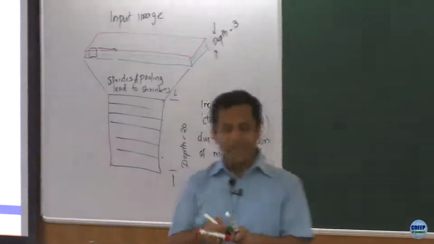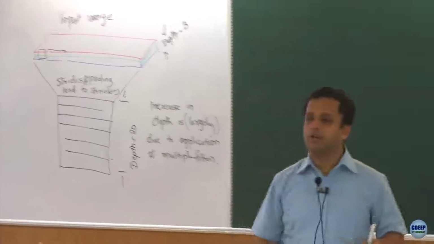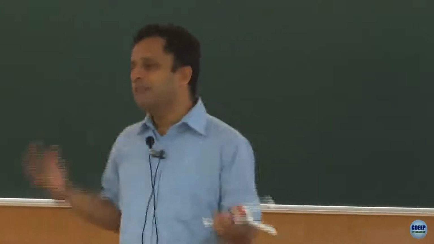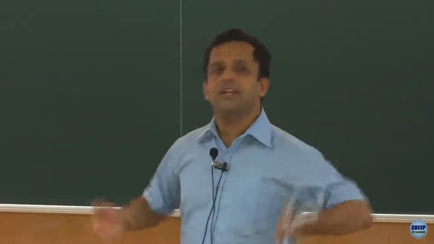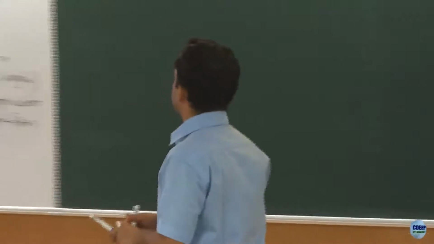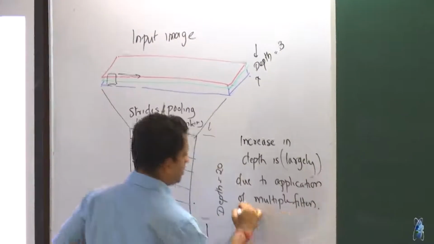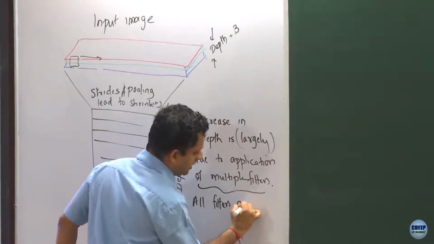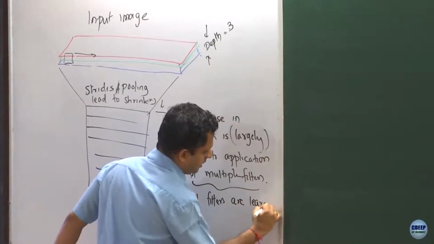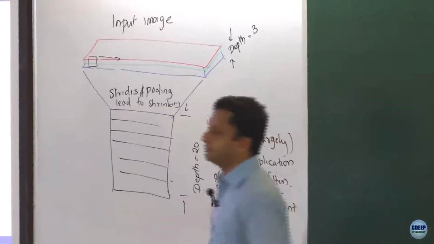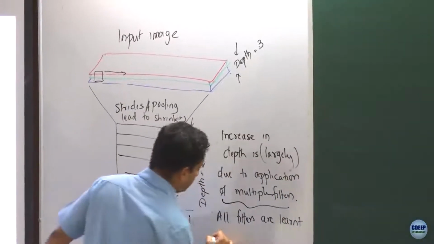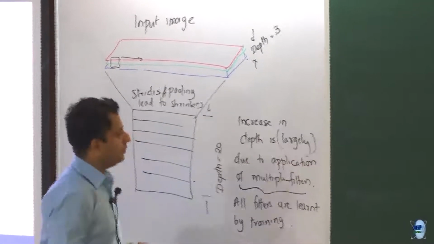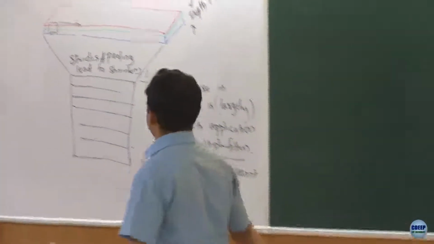Now we are not going to force the kind of filter, we are going to learn those filters, but in the process of learning we do not expect one filter to serve all purposes. So we let the network learn different filters. All filters are learned by training. Okay, so it's good to keep this in mind.